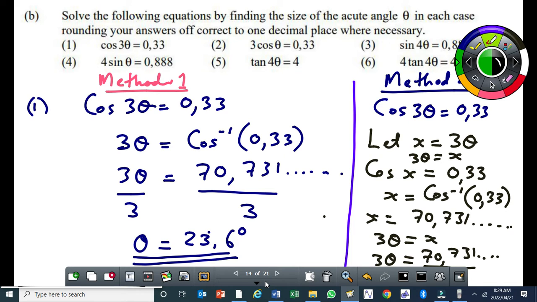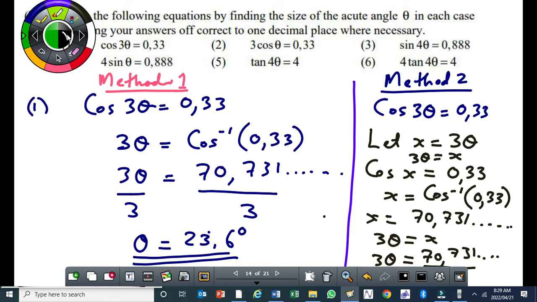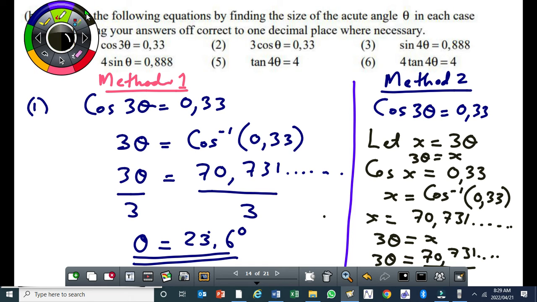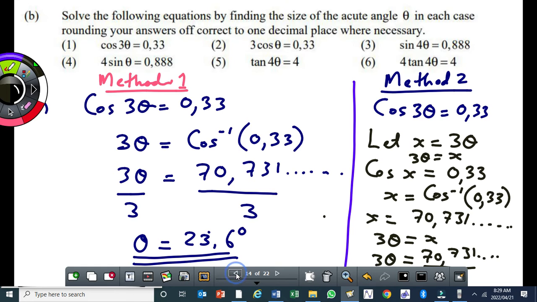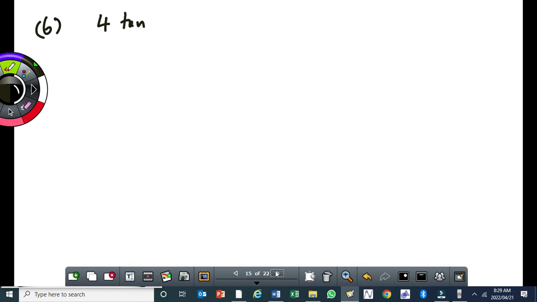Okay, let's do number 6. So number 6 is 4 tan 4 theta is equal to 4. Now, here, please be aware that tan 4 theta is one number, and the 4 theta is one number.